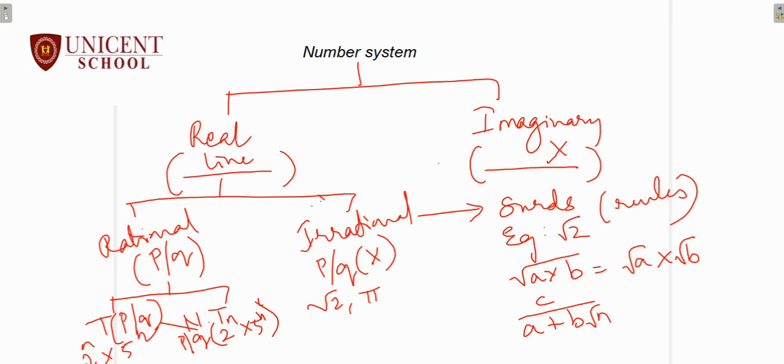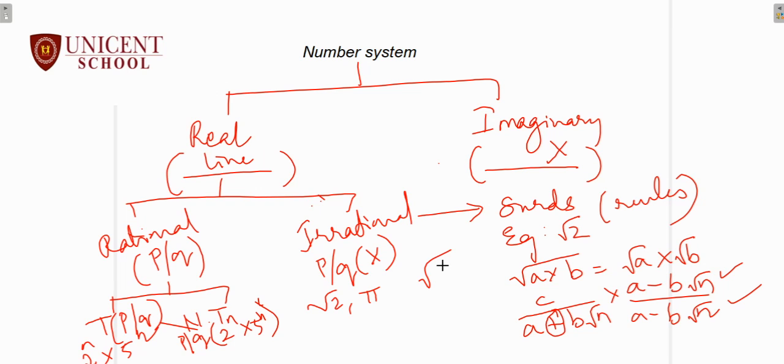Rationalizing is nothing but making the denominator of a number free from an irrational number. For example, root n in this is an irrational number. So how to make the denominator free from this irrational number, which is in the form of root n? We need to multiply and divide by a minus b root n, the number with the opposite sign. So if here it is plus, we need to multiply and divide by minus.